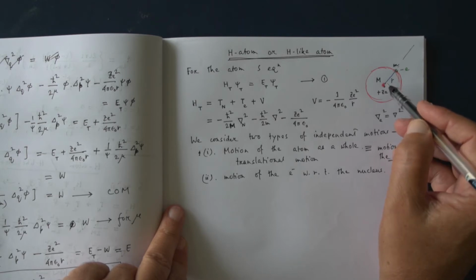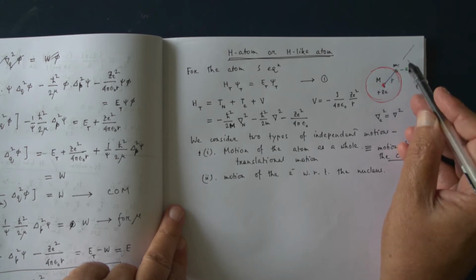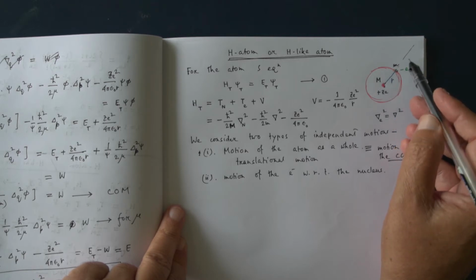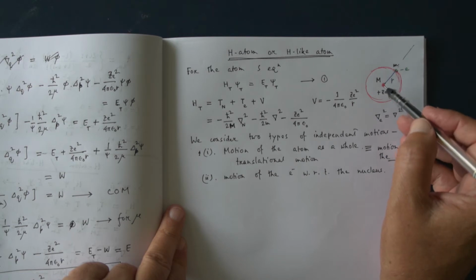Even the hydrogen nucleus is nearly 2,000 times heavier than the electron. And you know, the hydrogen nucleus has only one proton.